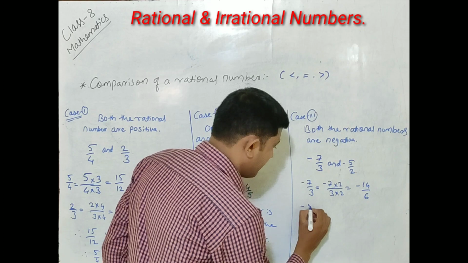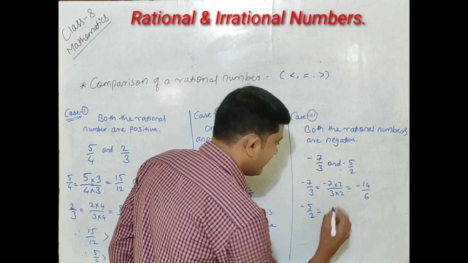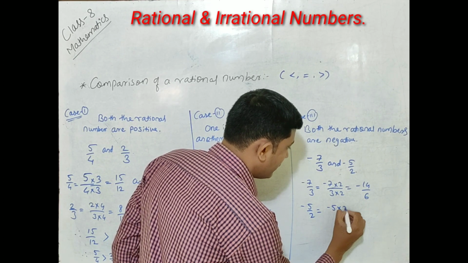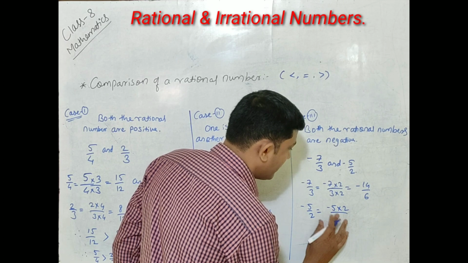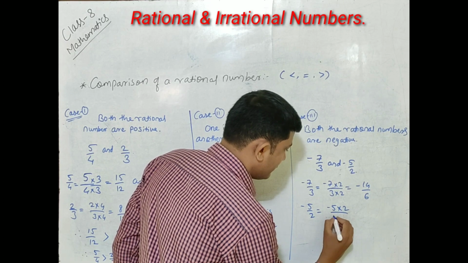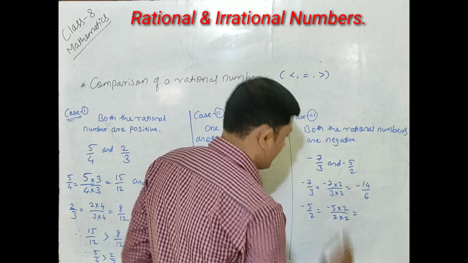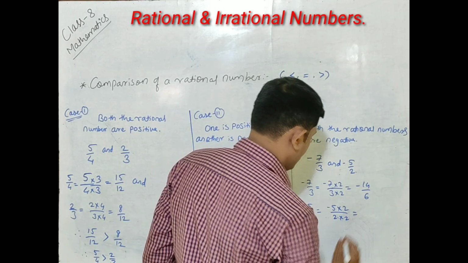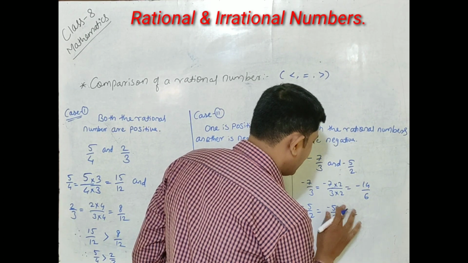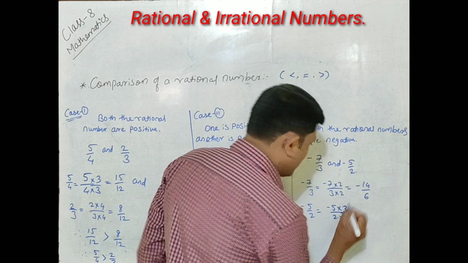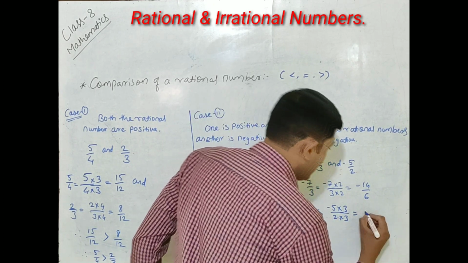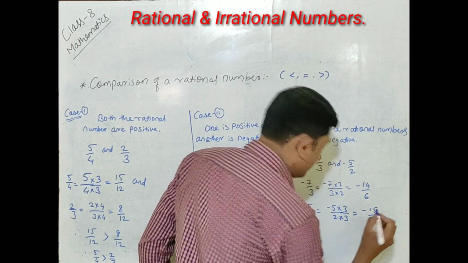In the same way, minus 5 upon 2 is also multiplied, here we will multiply by 3, because we have to bring the denominator the same. It will be minus 15 upon 6.